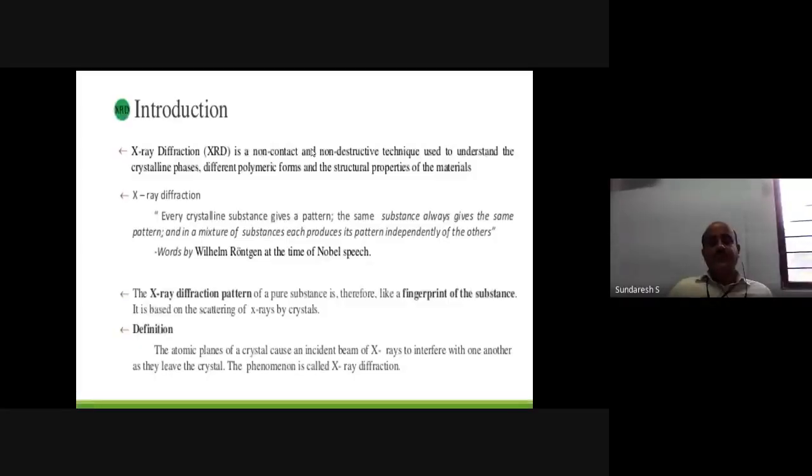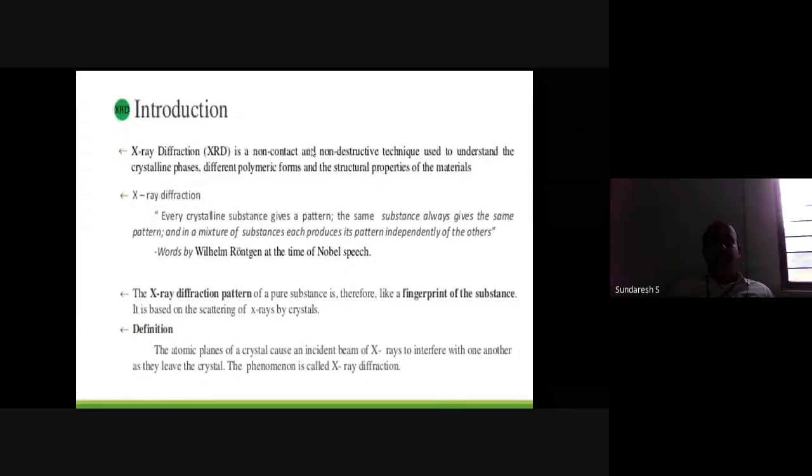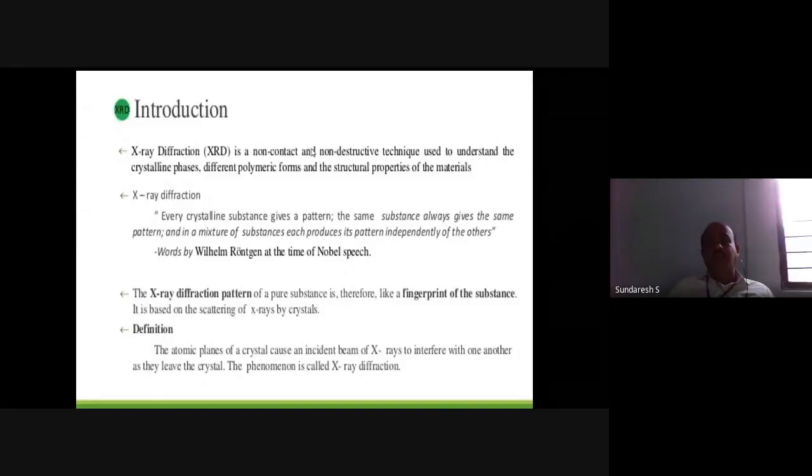When a beam of X-rays is incident on a crystal, the atomic planes cause these X-rays to interfere with one another as they leave the crystal. That phenomenon we call X-ray diffraction.